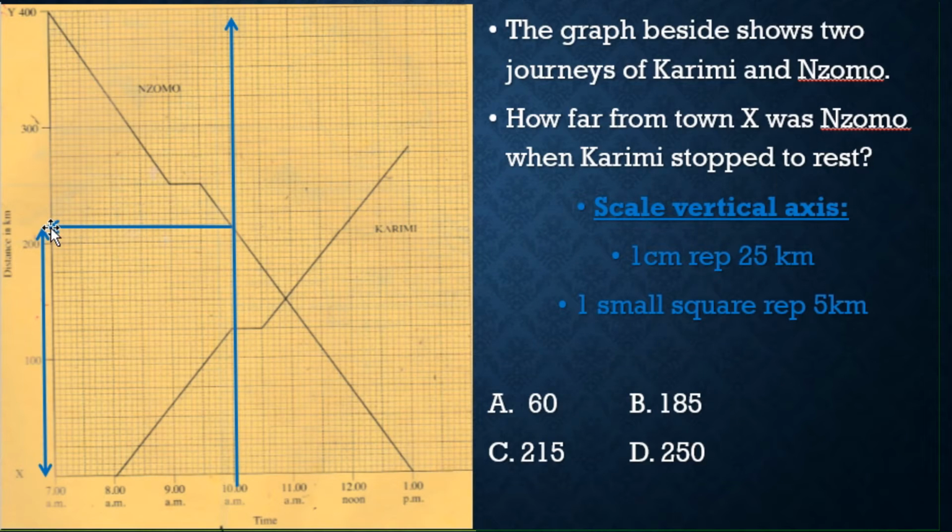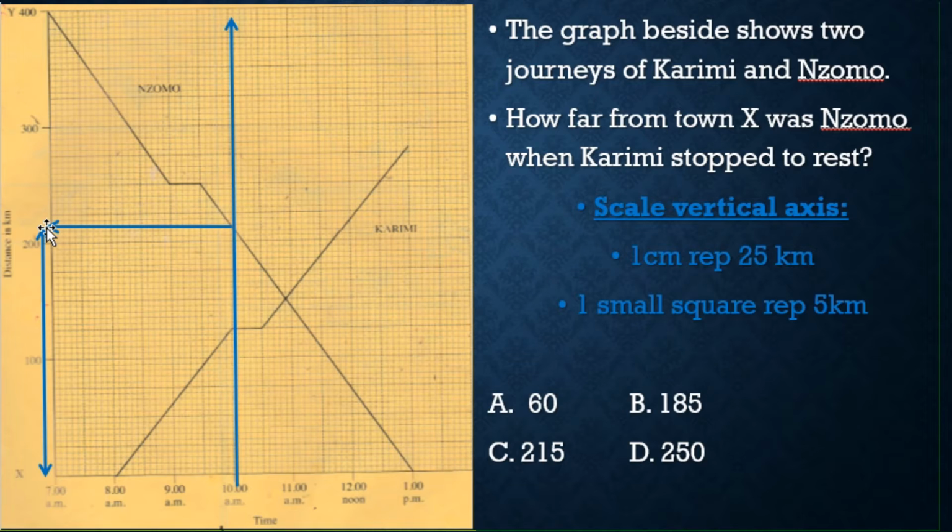When we move here, we discover that we are three squares above 200, and we have just said each small square going up represents 5. So this is 205, 210, 215. So the time Karimi stopped to rest, which was at 10, we draw a line and we discover that at that time Zomo was here at 215 kilometers.